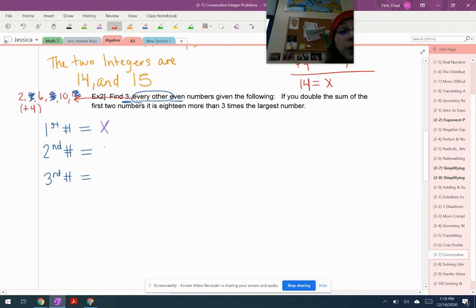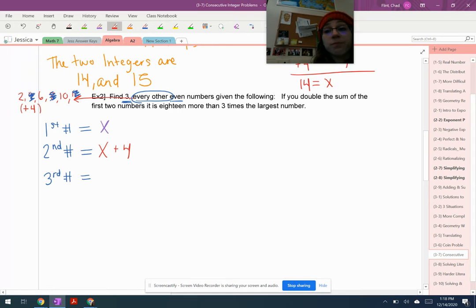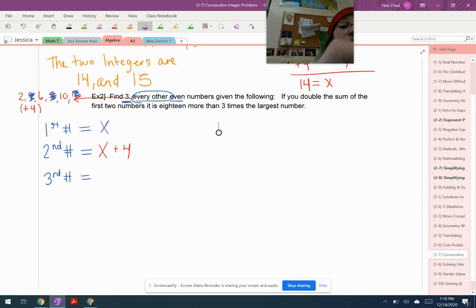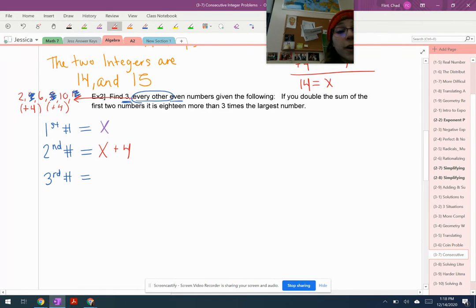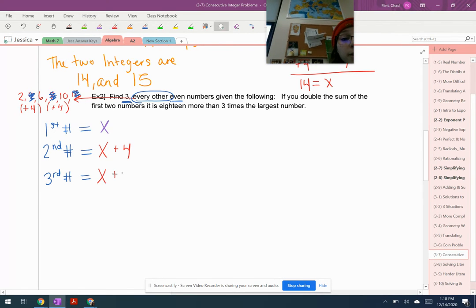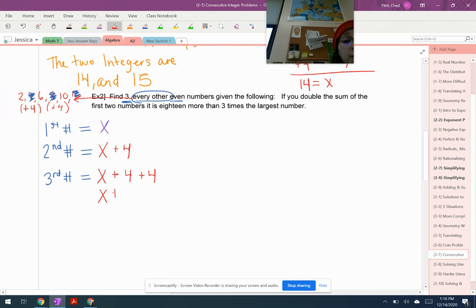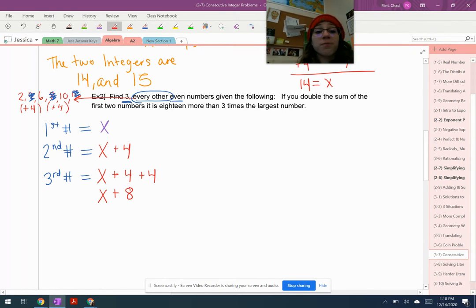So my second expression is going to be x plus 4. Okay? And so then, what do I do to 6 to get to 10? That's another plus 4. So x plus 4 plus another 4, which just simplifies into x plus 8.